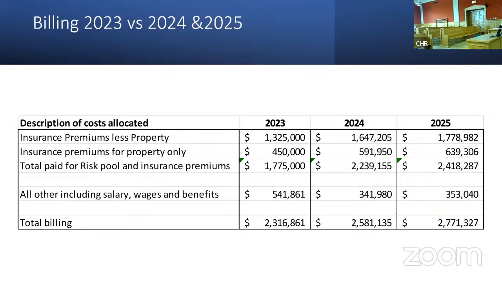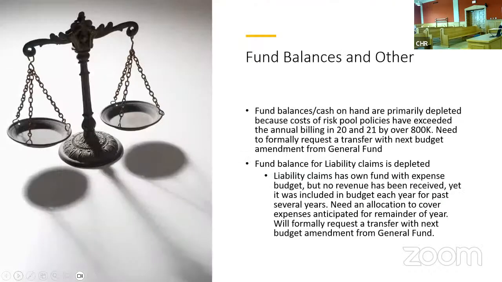And then finally, in doing this, I don't think it's been looked at before. I can tell you it hasn't been looked at before. The cash on hand is primarily depleted in the risk pool account, the risk management account. When I looked back in 20 and 21, the billings for the expenses that we budgeted actually exceeded the revenue brought in, and for both of those years, it was $800,000.